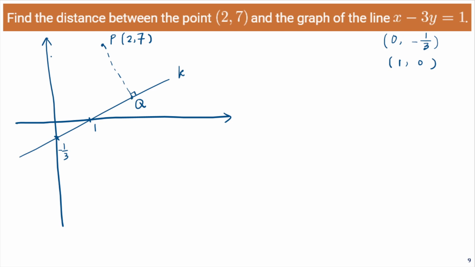If you want to find the distance PQ, it's better to find the coordinates of Q, right? We know the slope of line PQ.